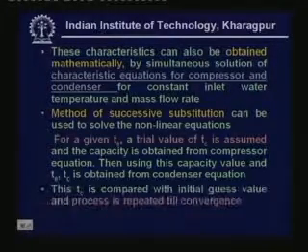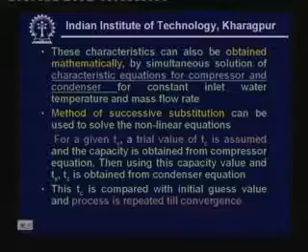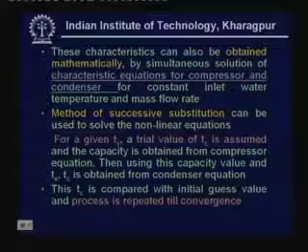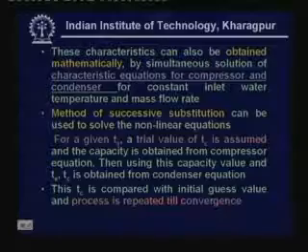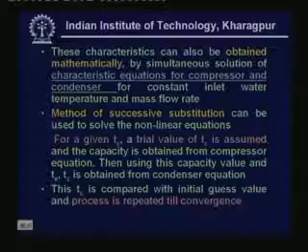And then we compare this calculated value of condenser temperature with the guess value of condenser temperature. If they are not the same, we go for the second trial and we go on doing this iteration till we get the converged values. So this is the principle of successive substitution.